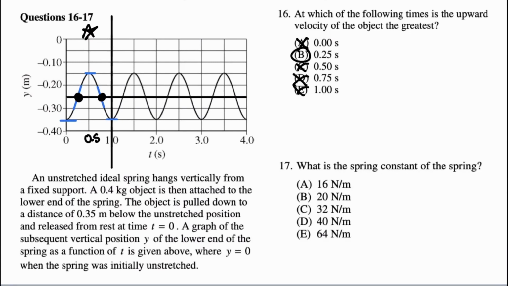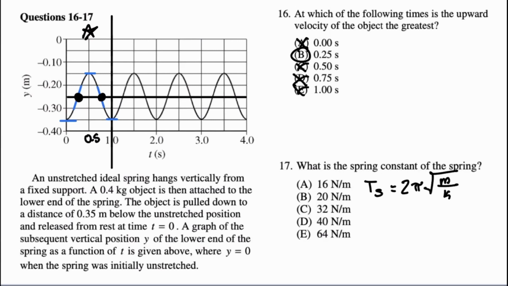And now for 17, what is the spring constant of the spring? For this, we can just go to our reference table, and we see that the period is equal to 2 pi times the square root of m over k, and we're trying to look for k.